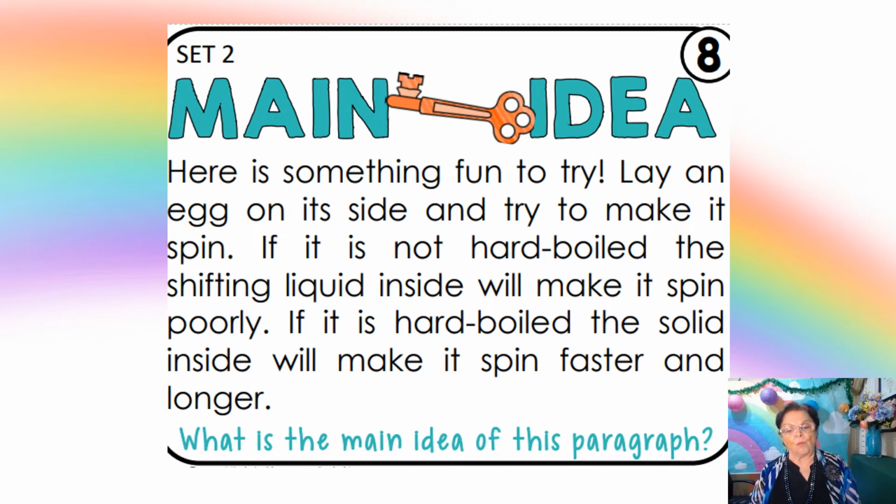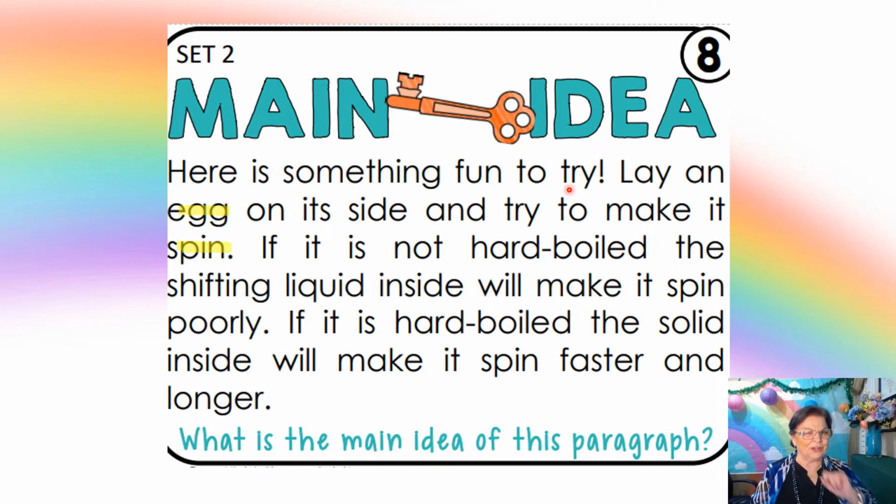Oh, here is another paragraph about the egg and the spin. But look, the first sentence says, here is something fun to try. That's not saying anything about an egg and a spin. In this paragraph just before it, the topic sentence was the first one, but not in this one.